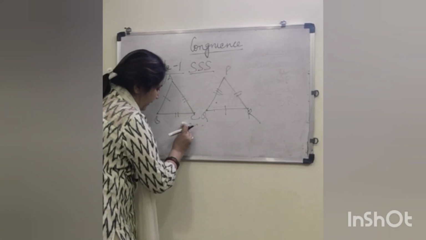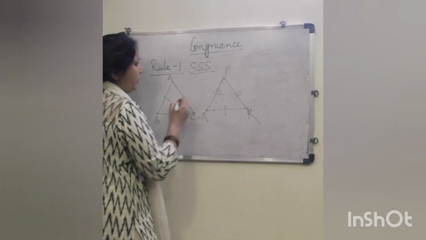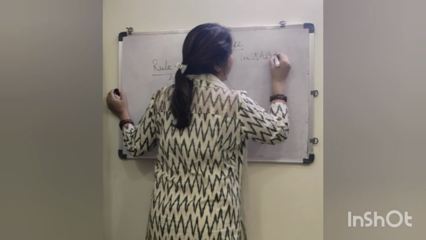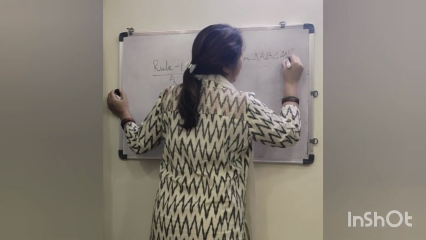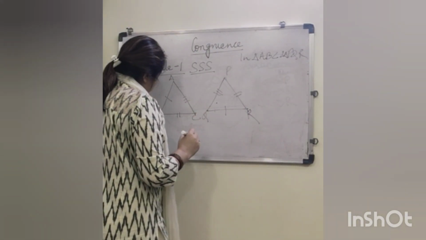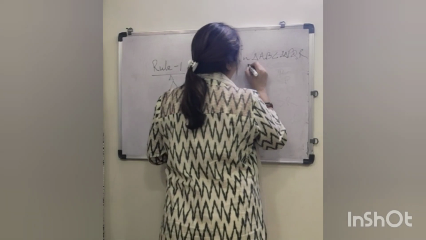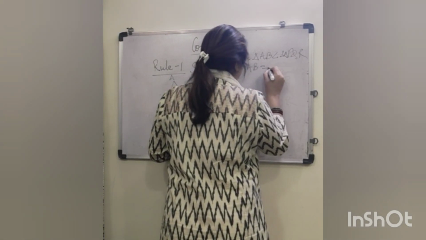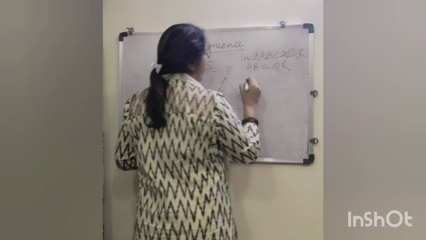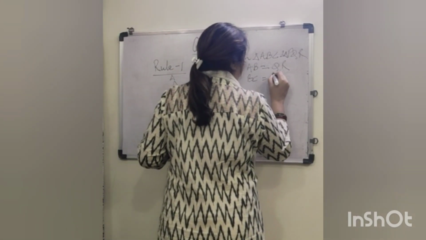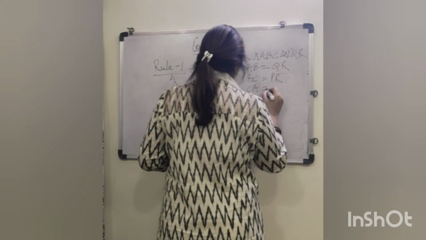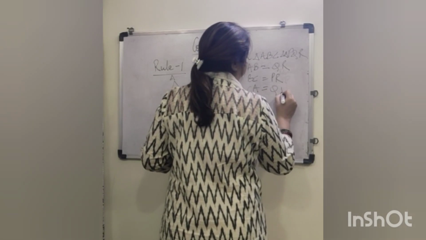First of all, let's write in triangle ABC and triangle PQR. In the beginning, you can take names anyhow. Now, side single cut AB is equal to QR, then double cut BC is equal to PR, and AC or CA is equal to QP.